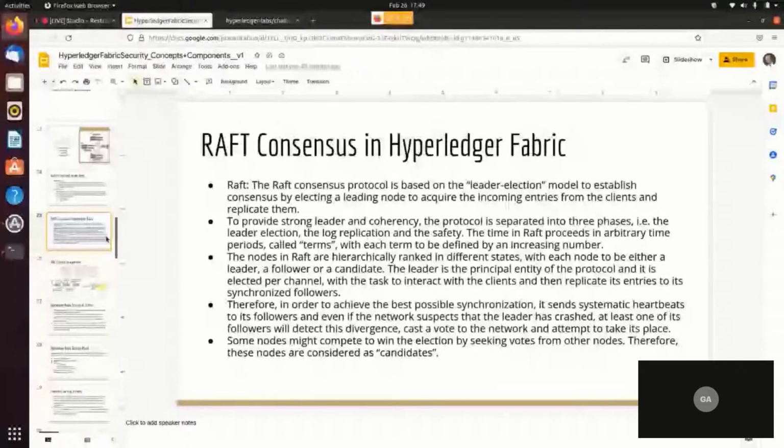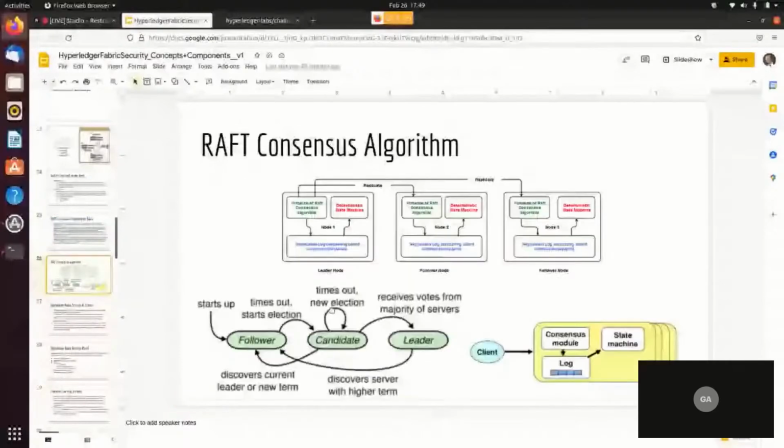When starting, everyone is a follower and everyone wants to participate in the election, and from all the candidates a leader is selected. Only if the majority of votes is received, the leader will be selected, and then once the term expires, a new leader is elected from the followers.